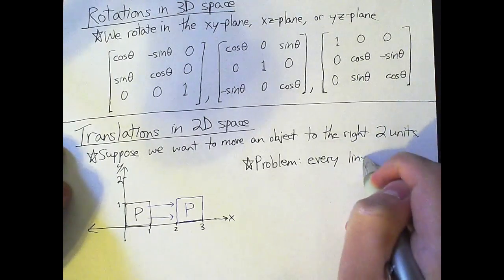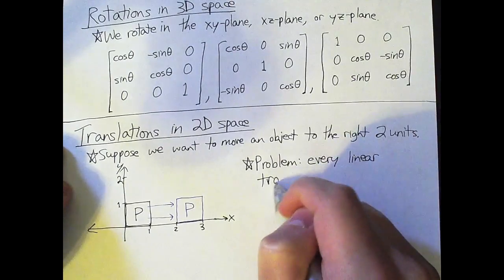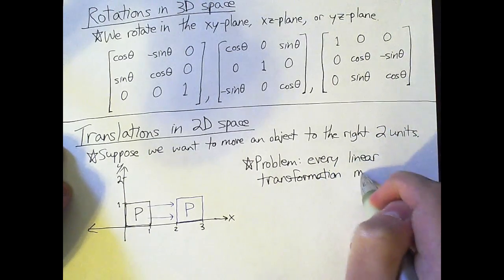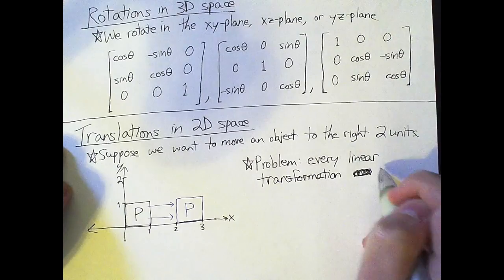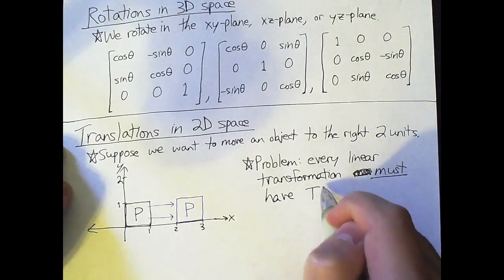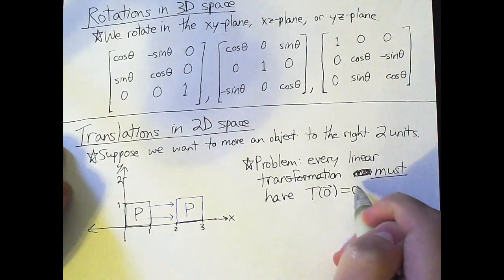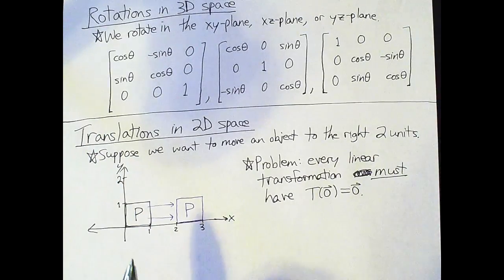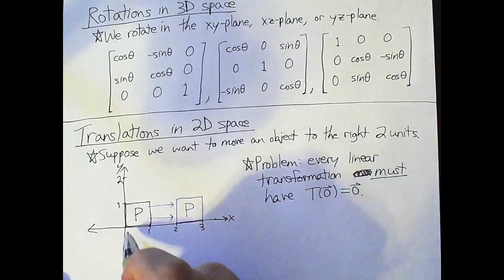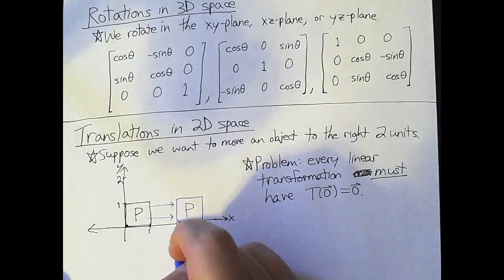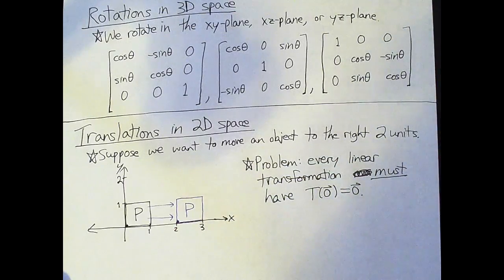Every linear transformation must have T of 0 equals 0. That's a property of linear transformations. This doesn't look like it has that property. It looks like my point at 0, 0, the lower left corner of my picture, actually got moved to 2, 0. So it seems like it's not a linear transformation.